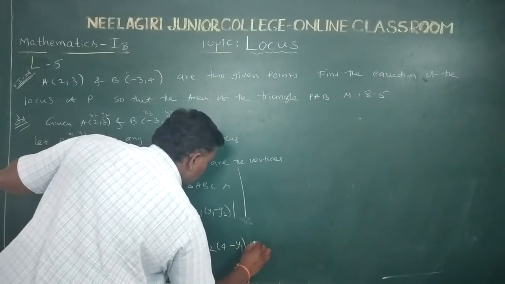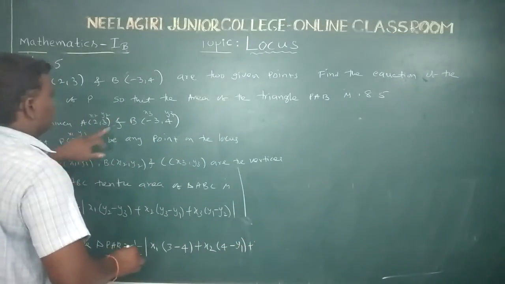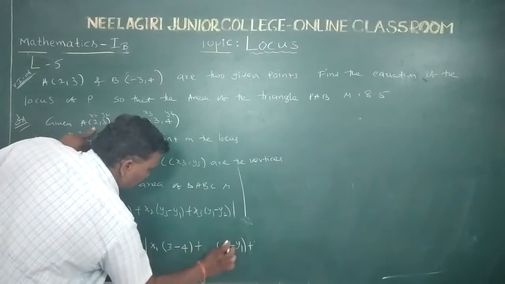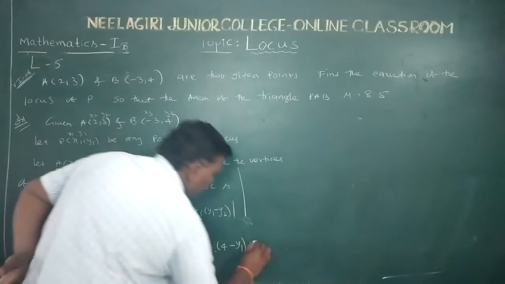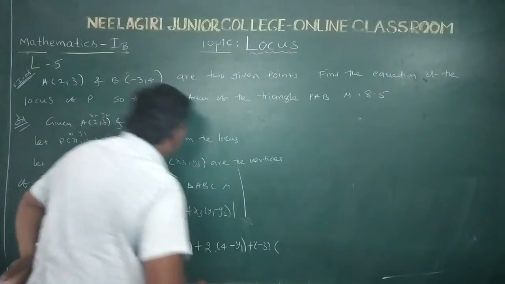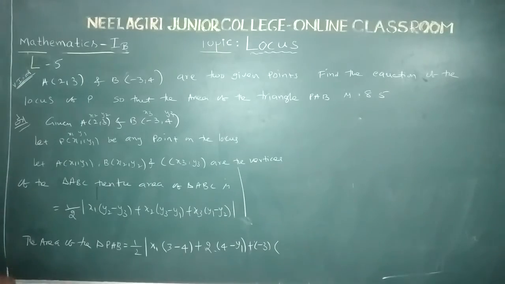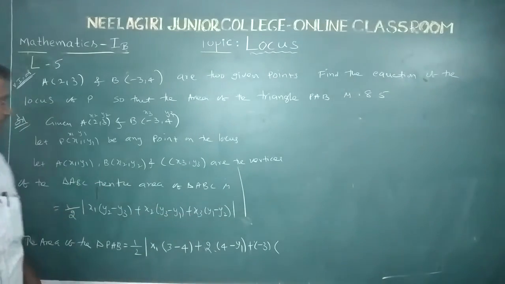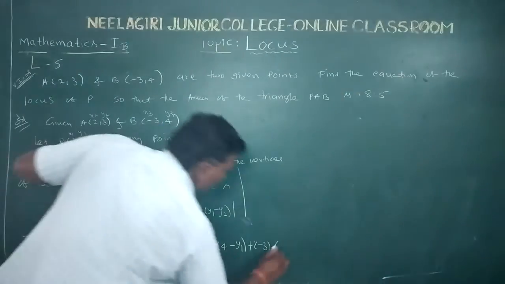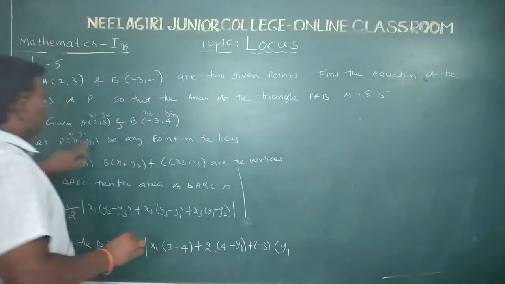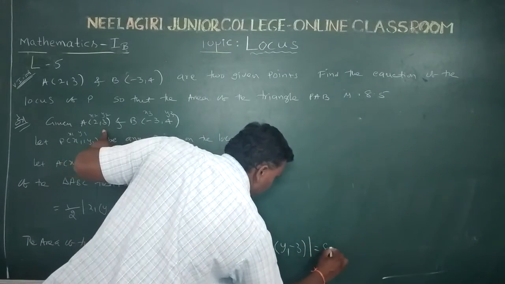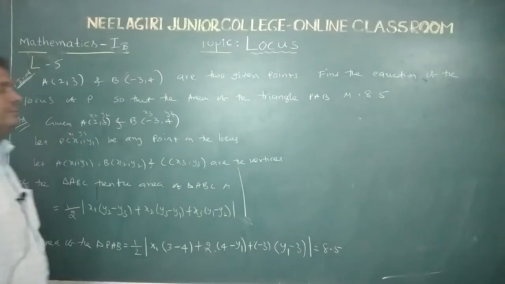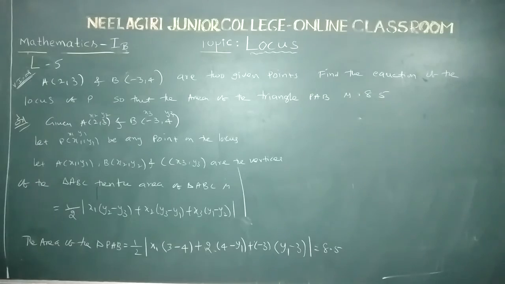Next, plus x3 into (y1 - y2). What is the value of x2? It is 2. What is the value of x3? It is minus 3. y1 remains y1, and y2 is minus 3. The area of the triangle is 8.5 units.